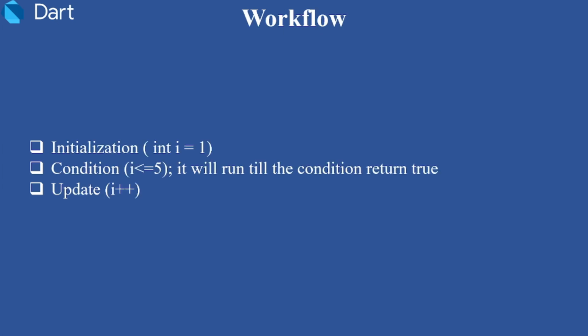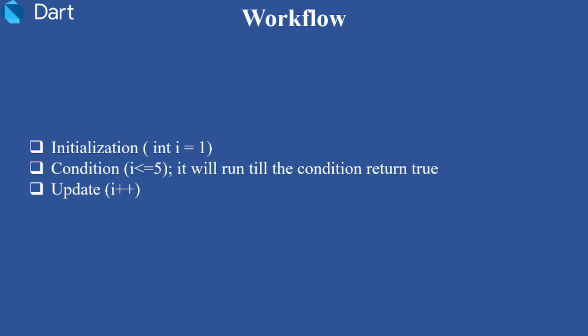At the core, a loop consists of three main components. First of all, initialization. It means a variable needs to be initialized to run a loop. Then a condition. It will run till the condition returns true.